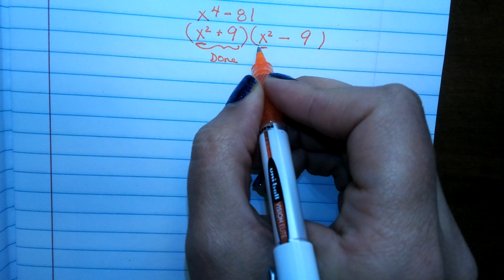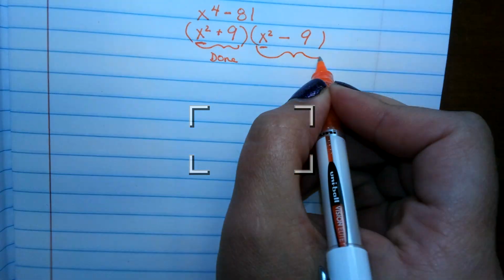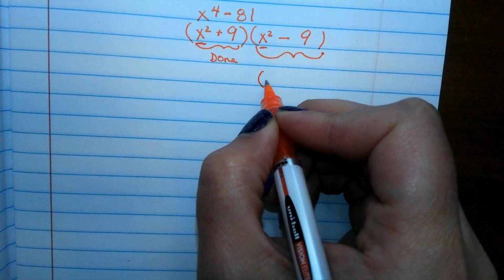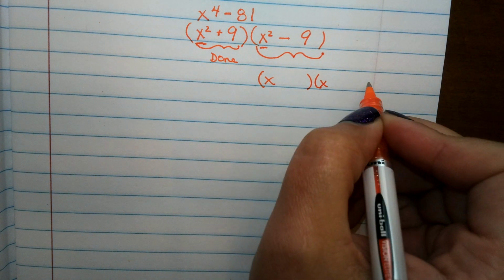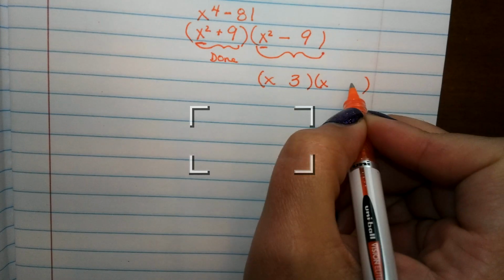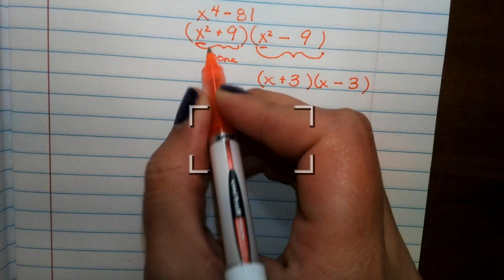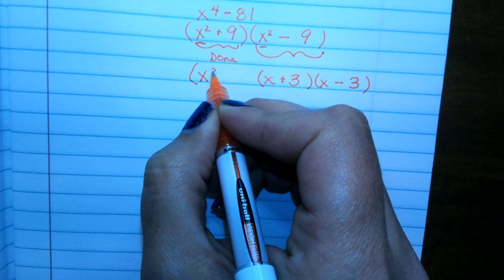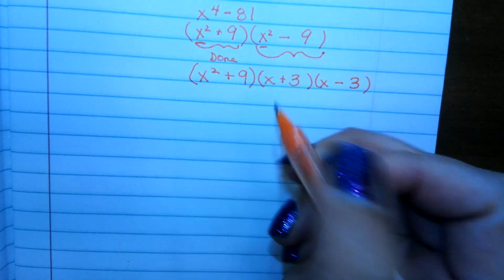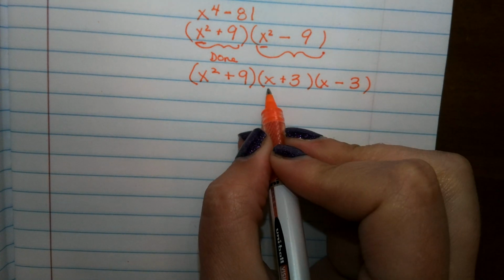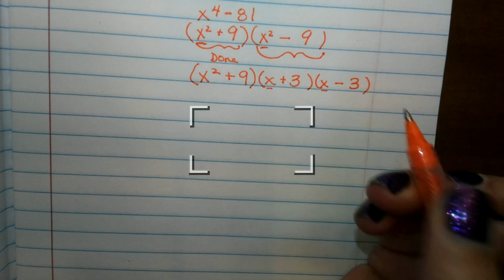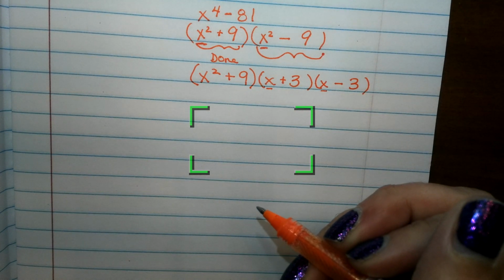So I'm going to break down this set as x times x, and then 3 times 3, one plus, one minus, and I have to still write x squared plus 9. Okay, now I know I'm done because I'm just left with a single x, and obviously it's not a perfect square.